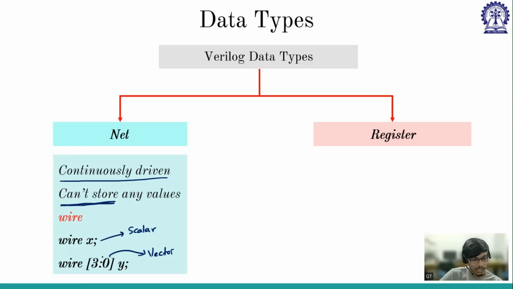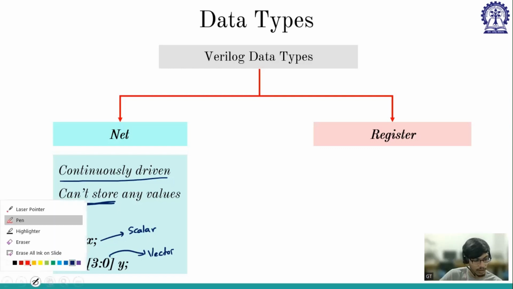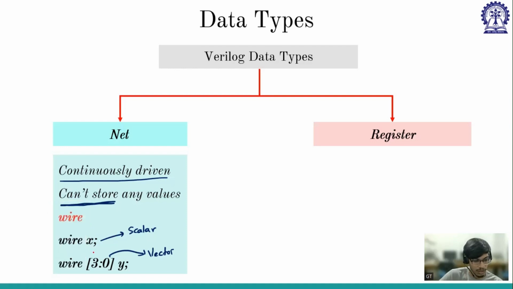Can you tell me what is the size of Y? 4 bits. Yes, right. So this 3 is the MSB and 0 is the LSB. So Y is a 4-bit wire. And the bits are Y of 3, Y of 2, Y of 1, Y of 0.